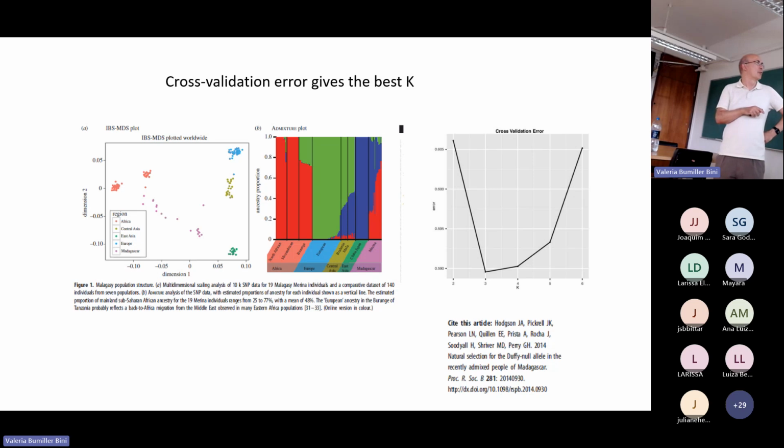Usually, we tend to like 4 or 5 better if we have explanations for those. But anyway, in this case, the best number of components would be 3. And here's an example of an MDS plot. And IBS would be identity by state.